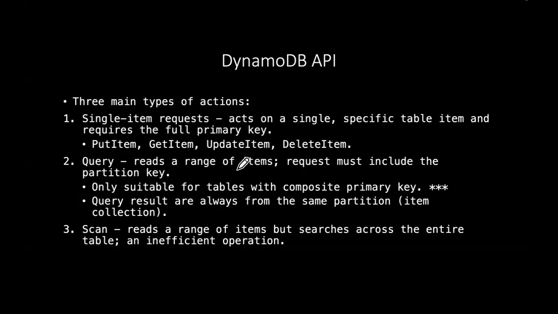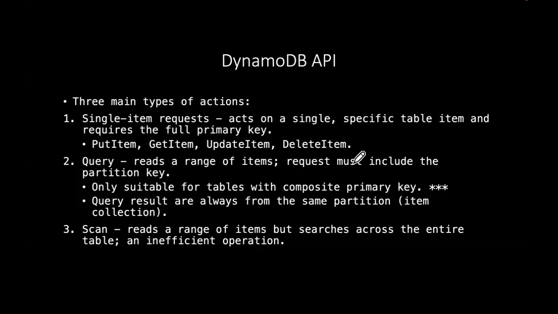In relation to our customer and orders, that would be we want to read all of the orders for a particular customer. Or you may want to only read a subset of the orders for a customer. Or equally, you may want to delete all of the items or update all of the items. It doesn't have to be a read operation.